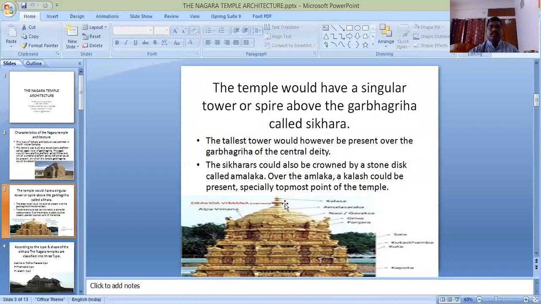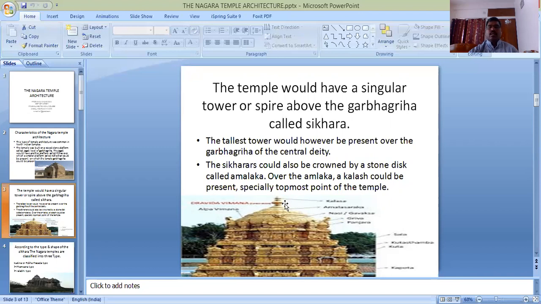That means the shikharas had a crown of a stone disc which was known to us as amalak.